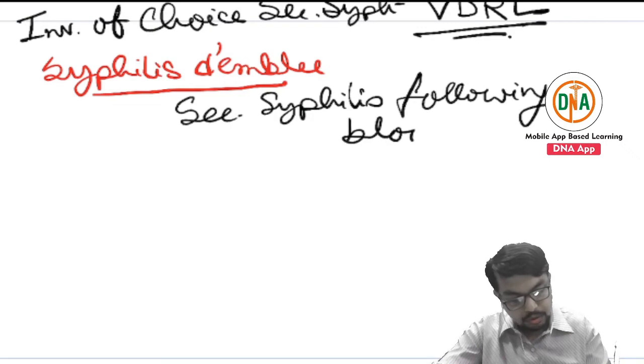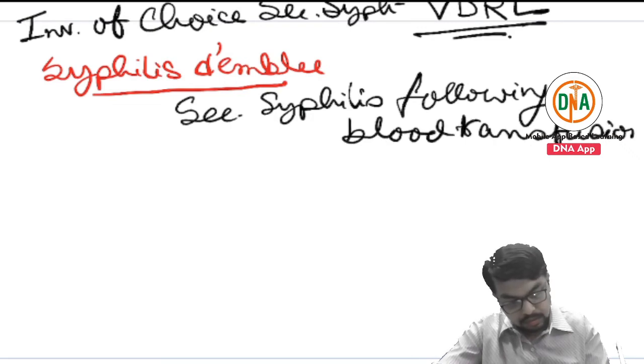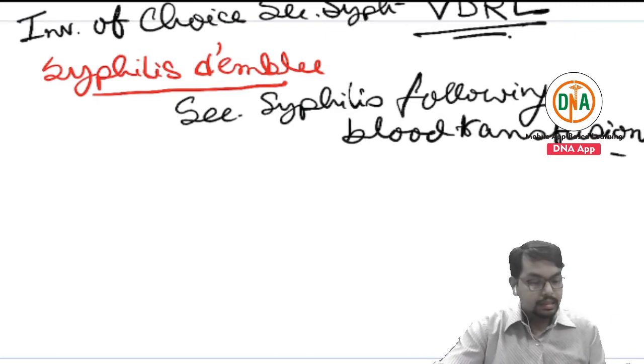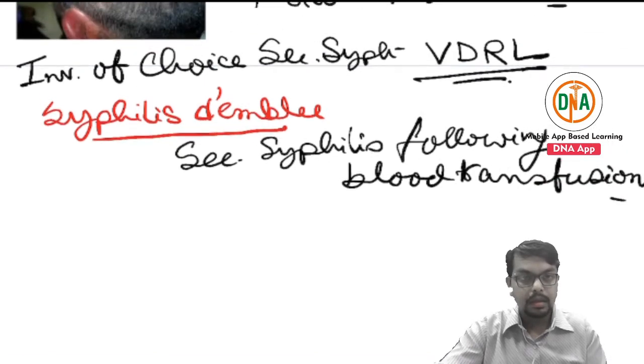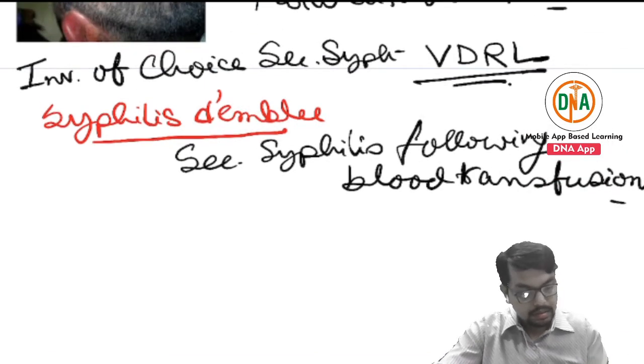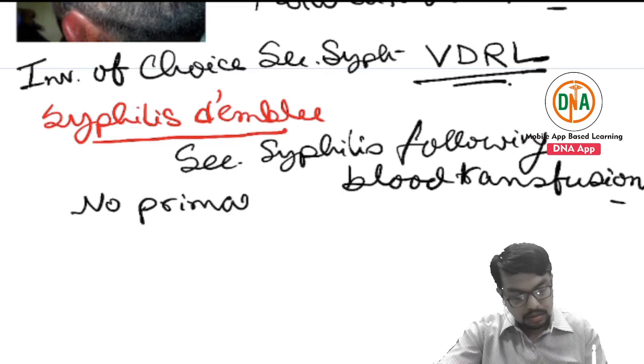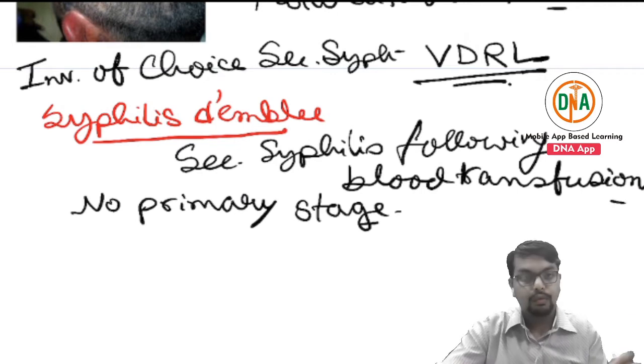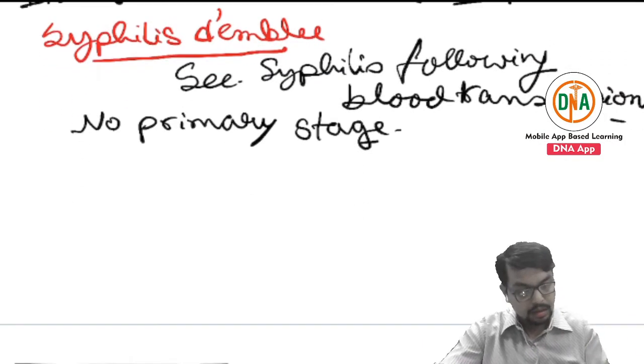As it directly enters the bloodstream, there is no primary stage. No primary stage here. The hematogenous spread occurs de novo.